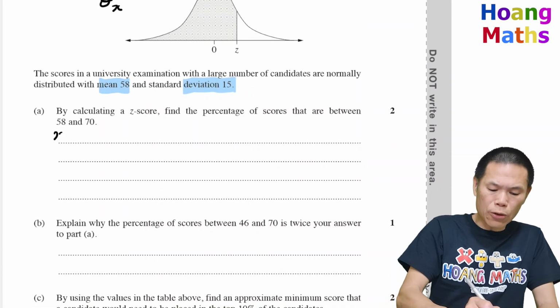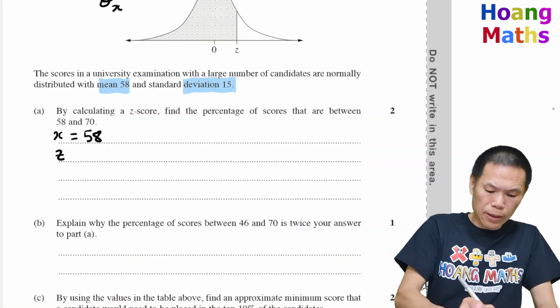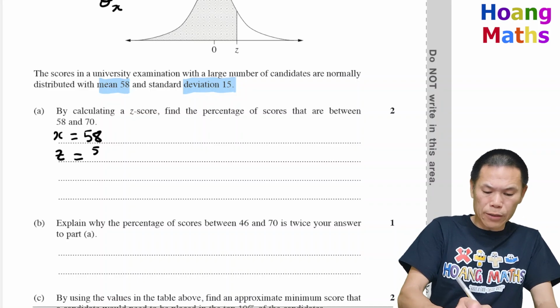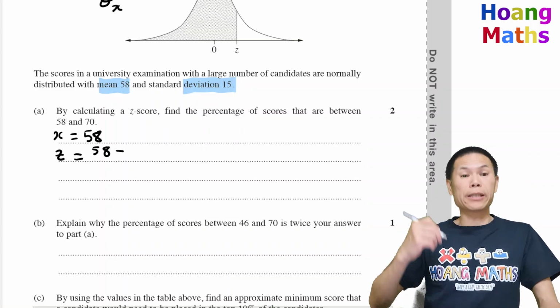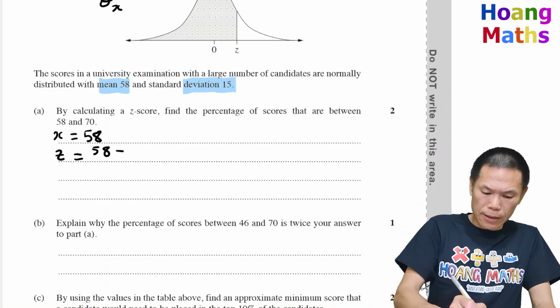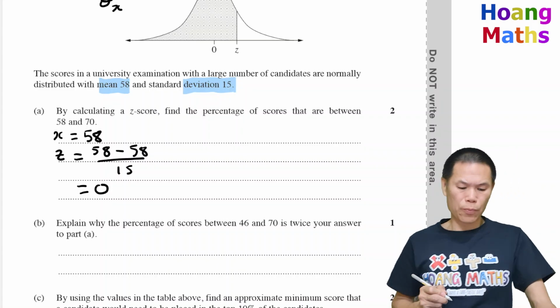So for x equal to 58, z is equal to x, which is 58, minus the mean, which is 58, divided by the standard deviation, which is 15. So that is 0.